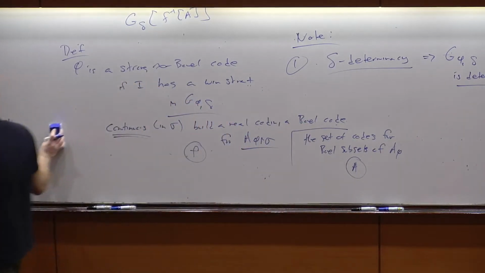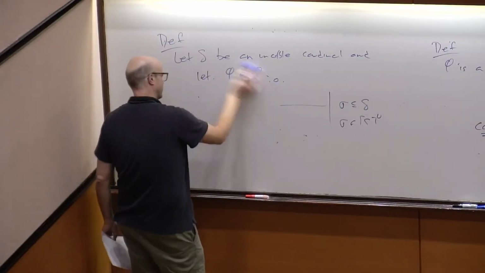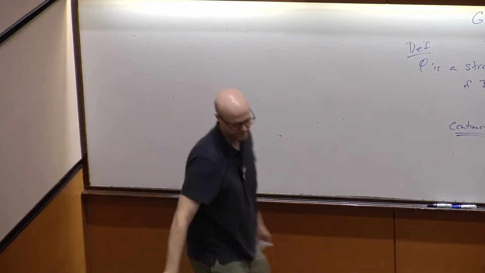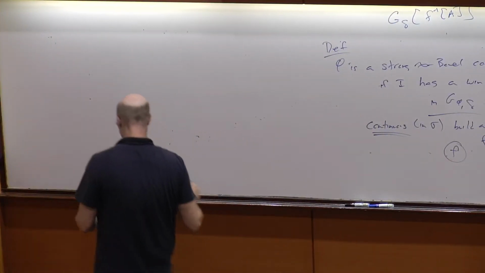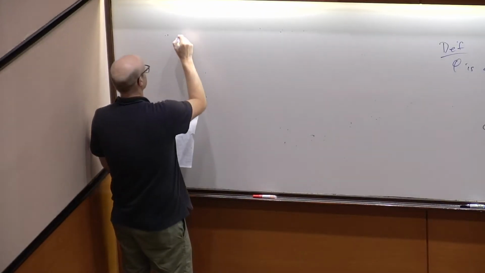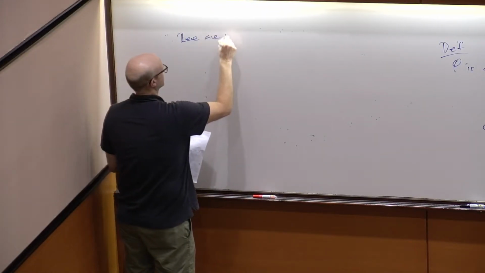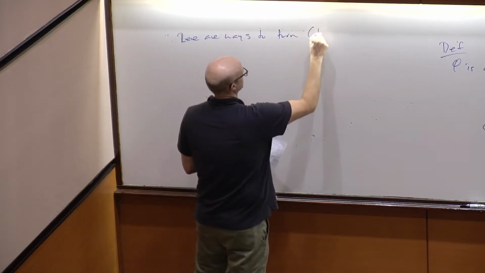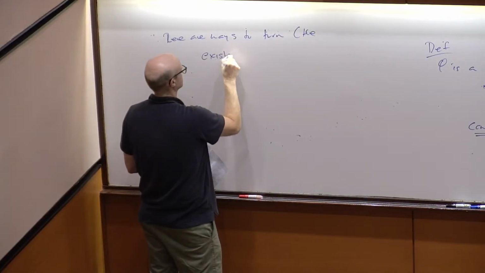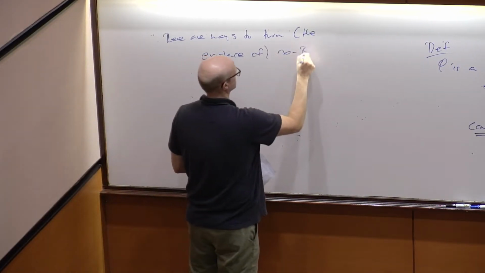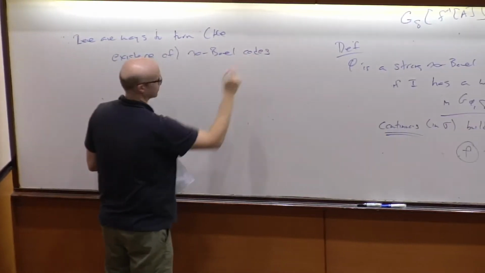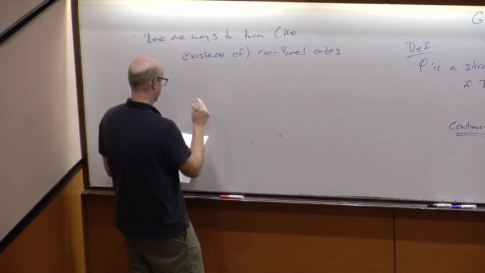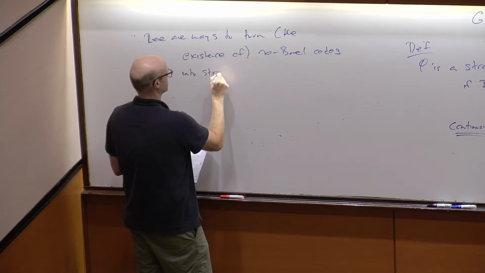Okay. So the main point I wanted to deal with, to illustrate in these talks, is the following. So this is what the rest of the talks are about. There are ways to turn, let's say, the existence of infinity Borel codes, not always, of course, because not every infinity Borel set is Suslin, right, into strong infinity Borel codes.